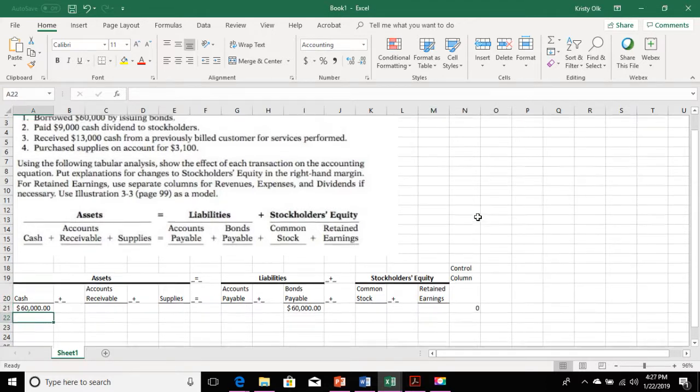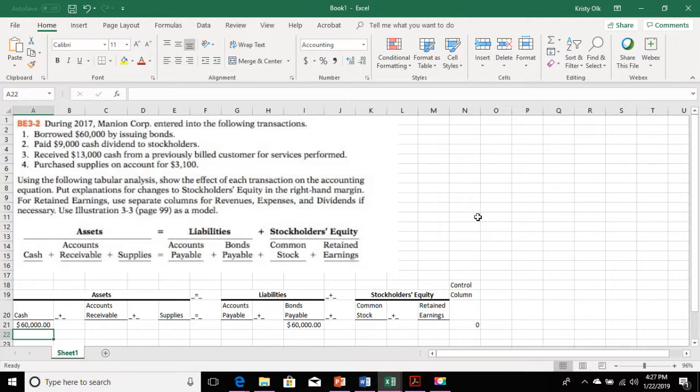So we've addressed number 1, the borrowing of $60,000 by issuing bonds. Let's look at number 2. So this is we paid $9,000 in cash dividends to the stockholders. So if we paid out cash, then we reduced our cash by $9,000.